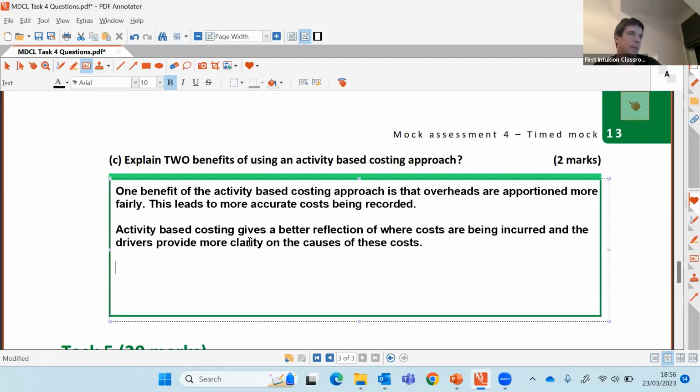It's two marks. It's quite clear that the marks are being split one for each benefit. But an alternative would be what I've just said.